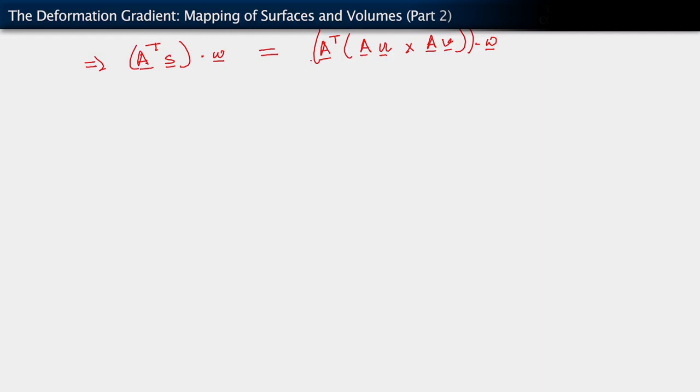But then, from our manipulation of vectors and tensors and their products involving transposes and so on, written in coordinate notation, we can show that the right-hand side is AU cross AV dotted with AW.